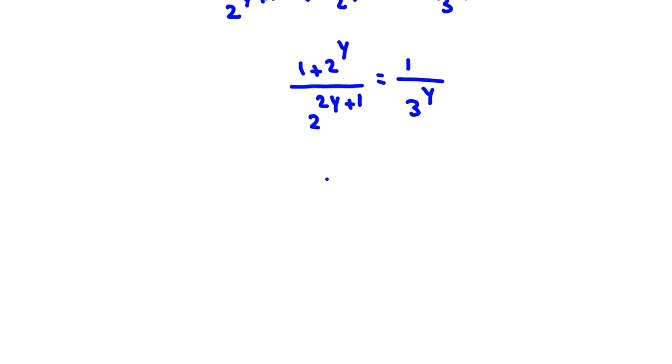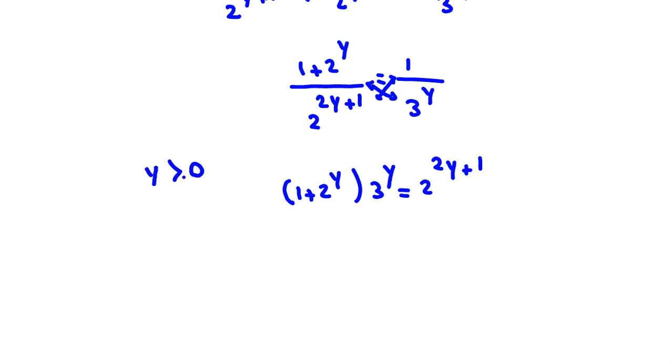Now, if we cross multiply, (1 + 2^y) times 3^y equals 2^(2y+1), and we said y is a positive integer, so y is at least 1. Here it is odd, and here also it is odd because 2^y is even, so the product is odd times odd, which is odd.